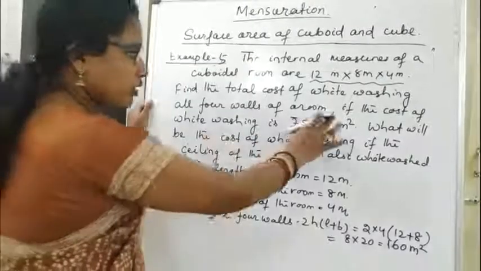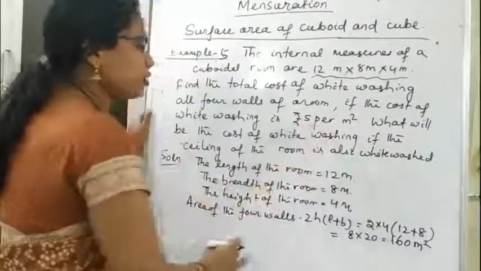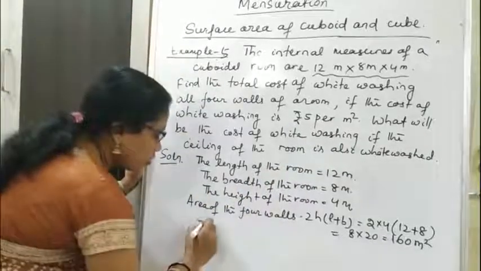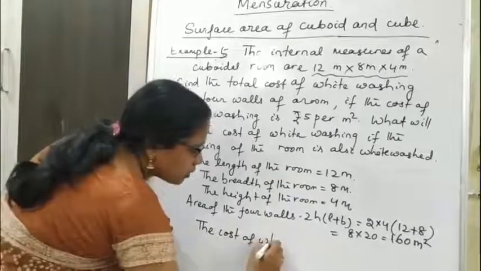So the cost of whitewashing is rupees 5 per meter square.